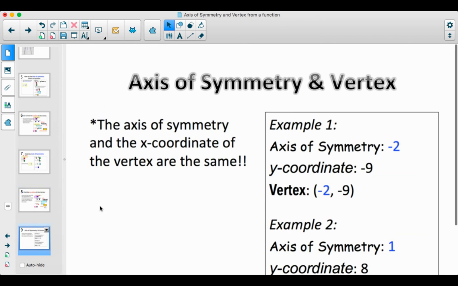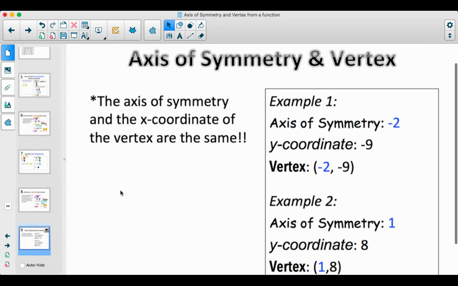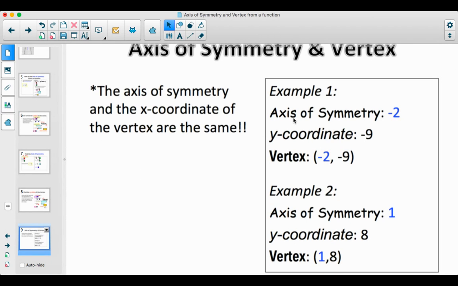And one last thing I know I mentioned it earlier, but about the axis of symmetry and the vertex, just something I want you guys to know is that the axis of symmetry and the x-coordinate of the vertex are the same. So let's look at what I mean over on the right. So here's the very first example that we did.